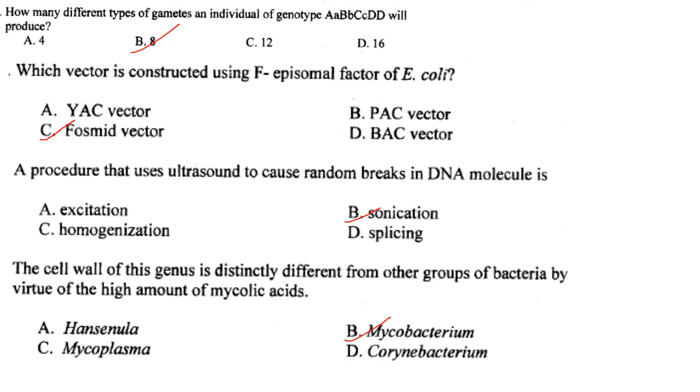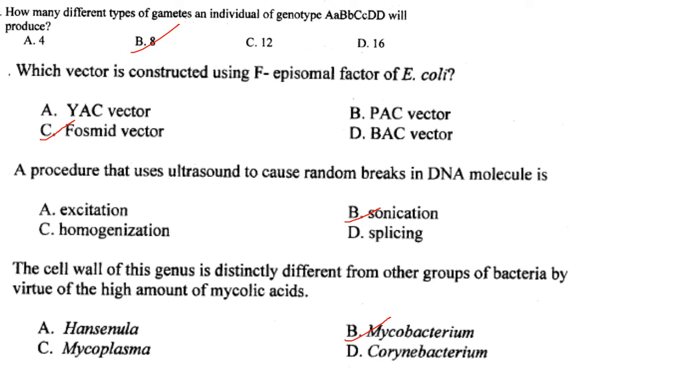So we have the formula 2 raised to n, where n represents the number of heterozygotes in the given genotype. So there are 3 heterozygotes here, that is 1, 2 and 3. So 2 raised to 3, n is 3. So 2 into 2 into 2, that is 8. So the answer is option B.